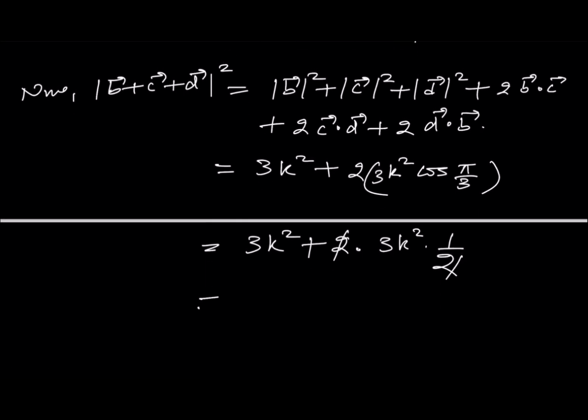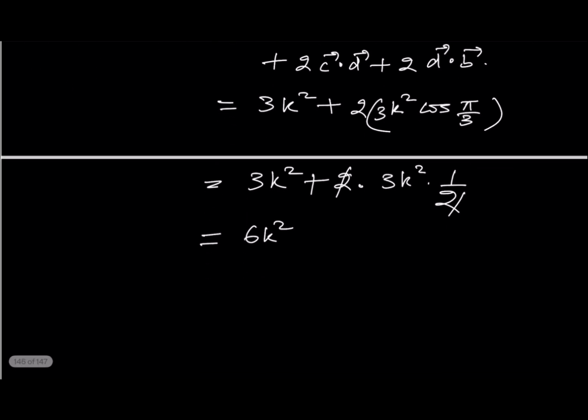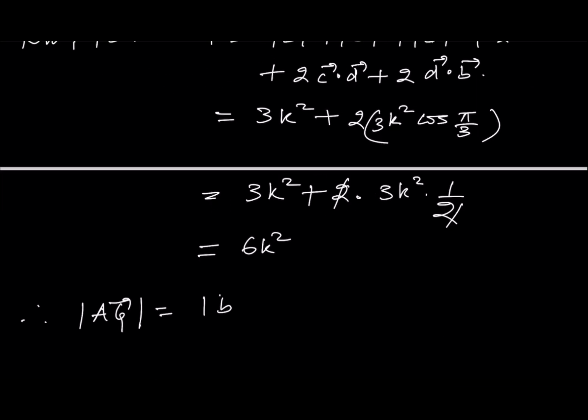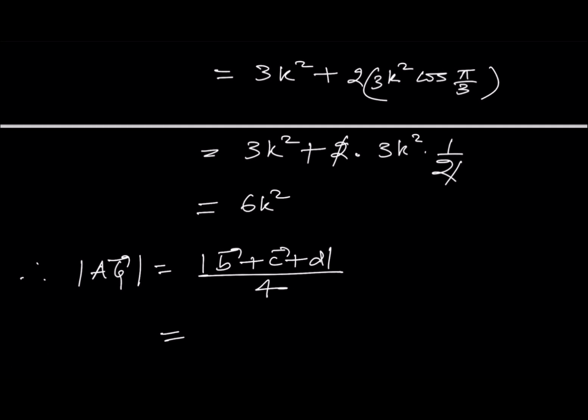So this will be 6K square. So therefore mod of AG vector is root of mod of B plus C plus D by 4, and this will be root 6K by 4 units.